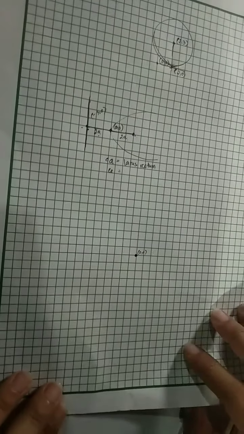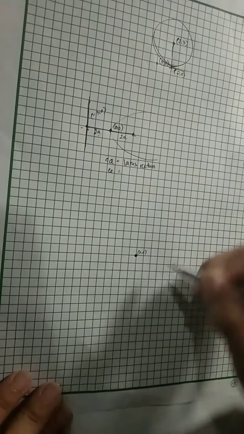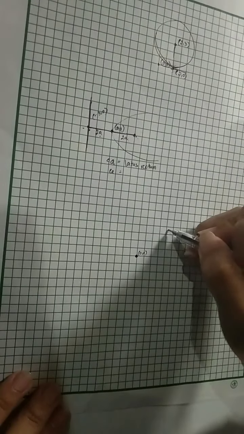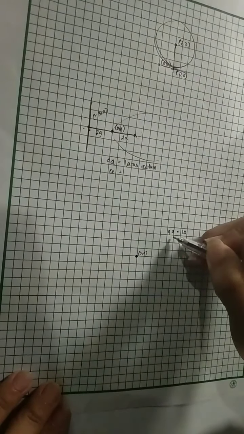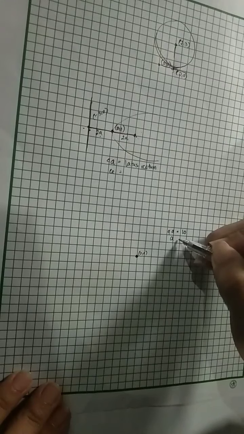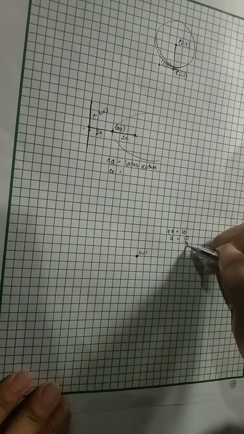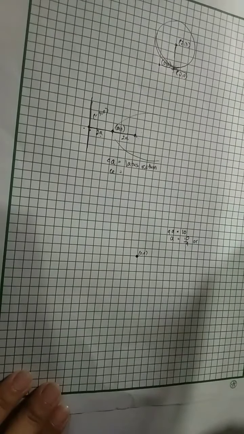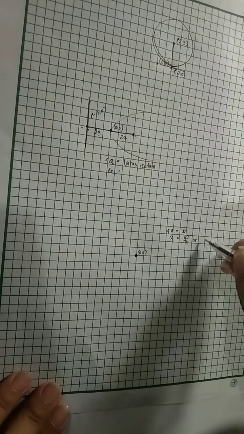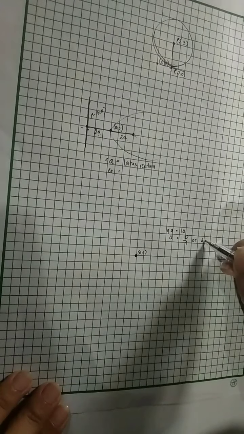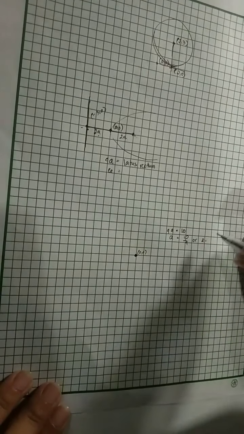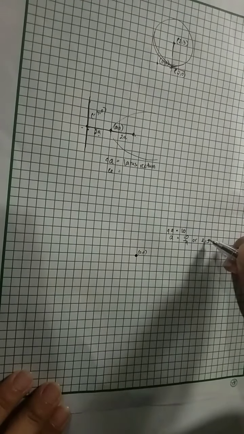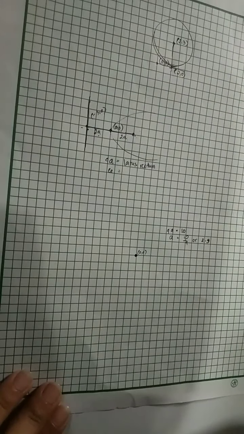So if 4a is equal to 10, that means a is equal to 10 over 4, or 2.5. Yes, 2.5.